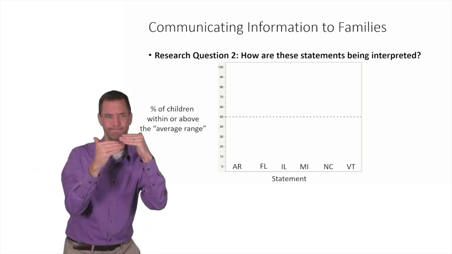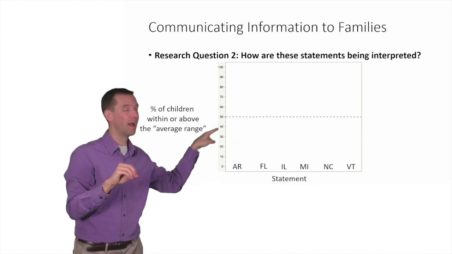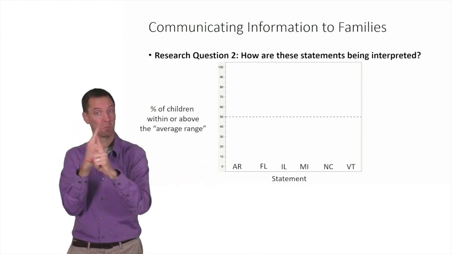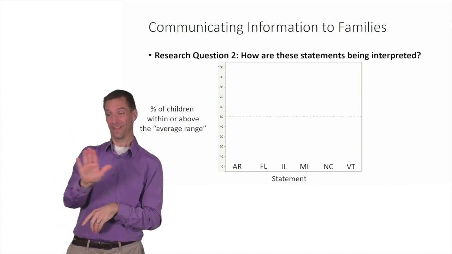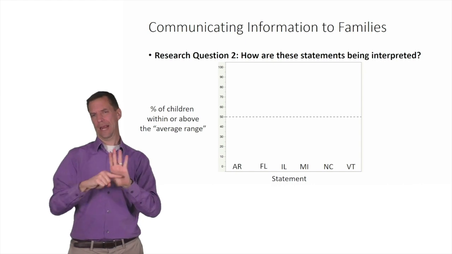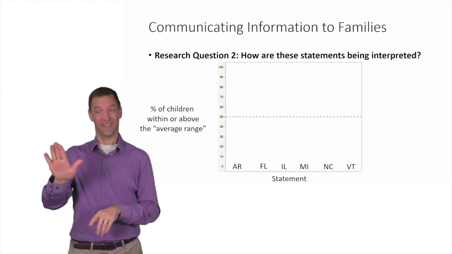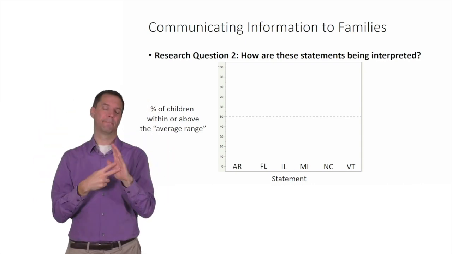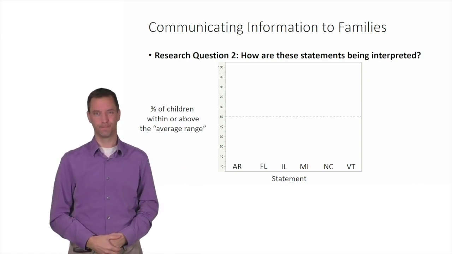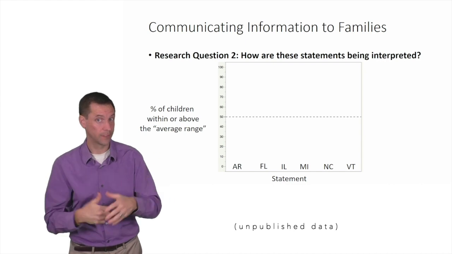And so this means that if participants' beliefs are close to this line at 50, then in fact those statements are communicating effectively. On the other hand, if their beliefs are below the line, that means these statements are framed in overly negative ways. And if the beliefs are above the line, this suggests that those statements are framed in overly positive or overly optimistic ways.